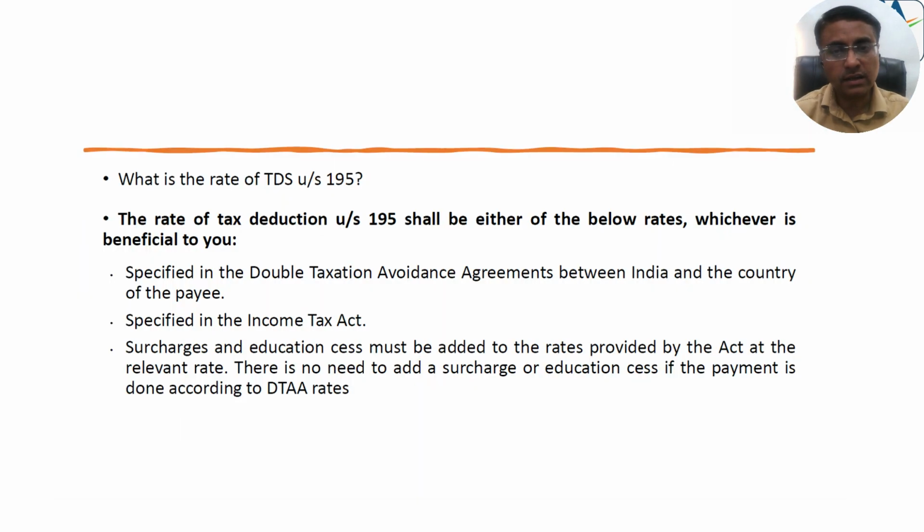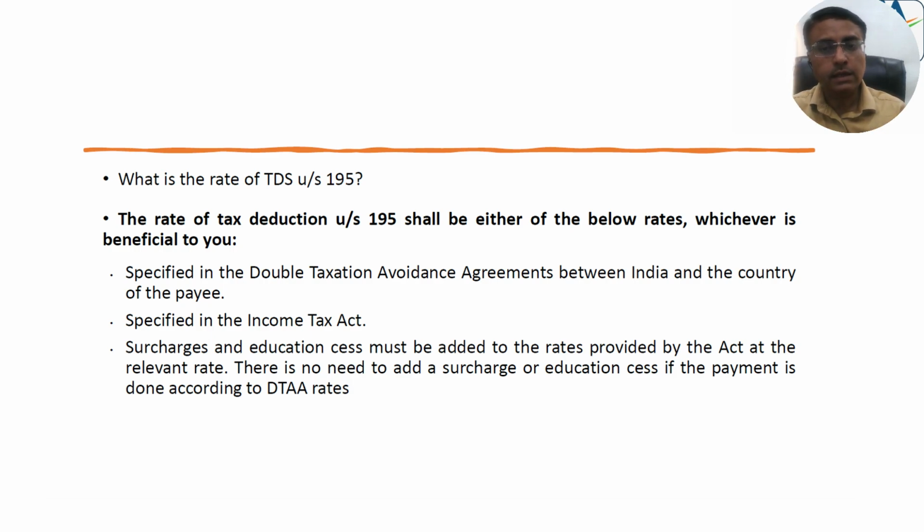So these are the criteria for the tax rate. The important thing is what tax rate is available in the tax treaty. In order to access the tax treaty, you must have a TRC certificate. Then compare with the tax rate as per the Income Tax Act. Whichever is more beneficial will be available to the taxpayer.